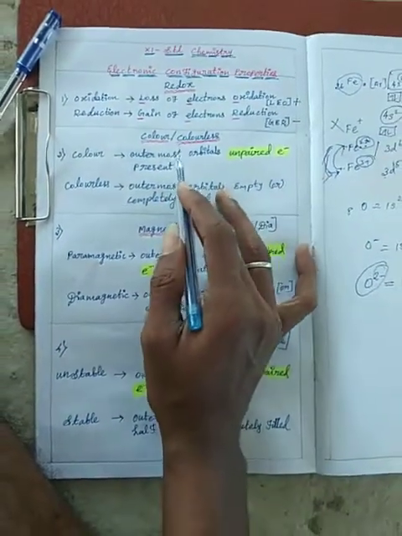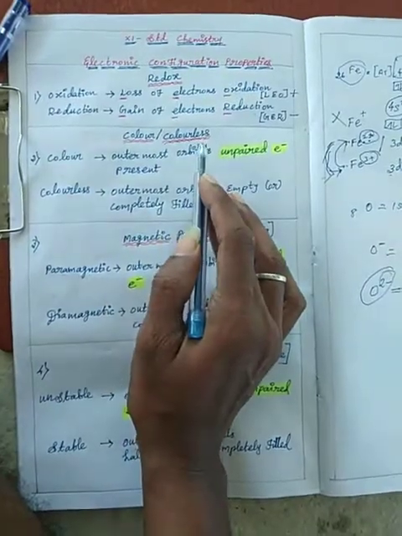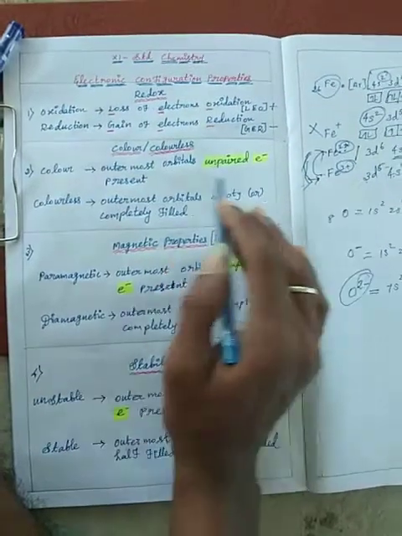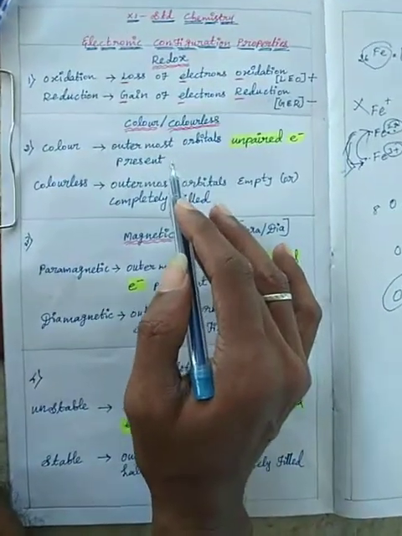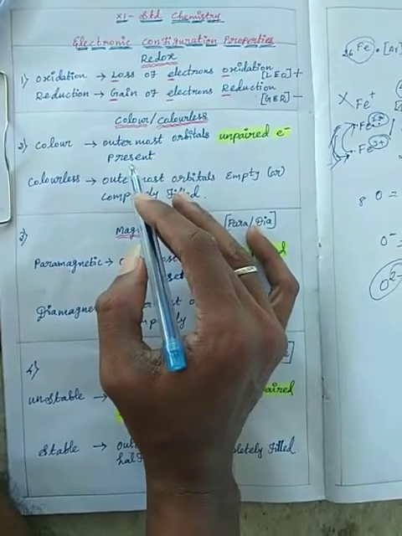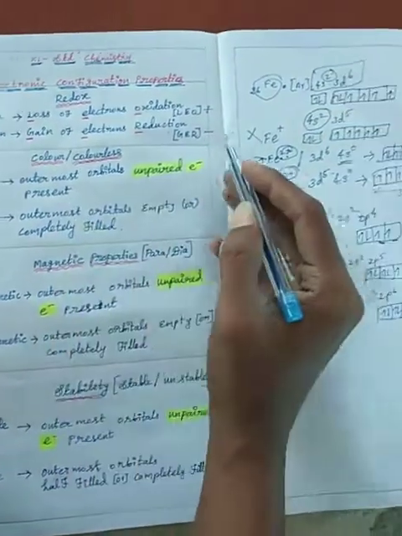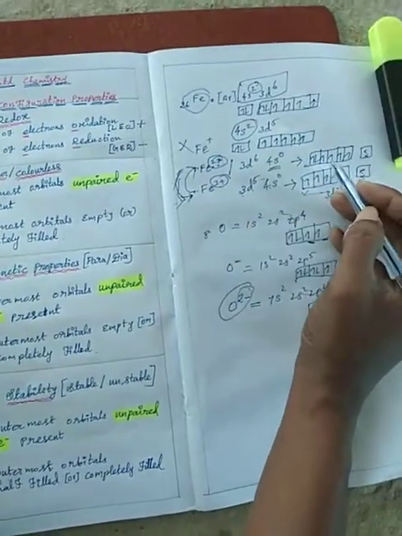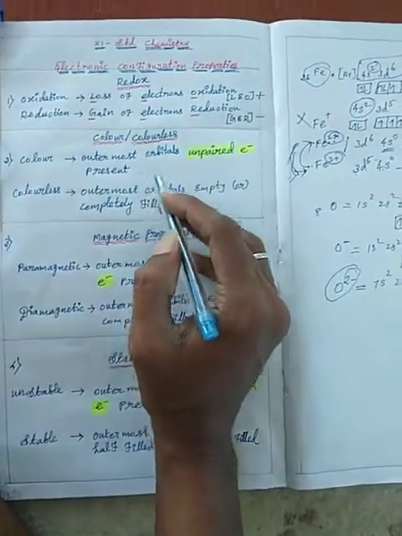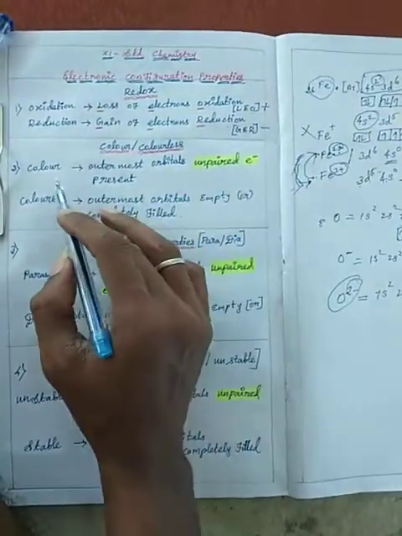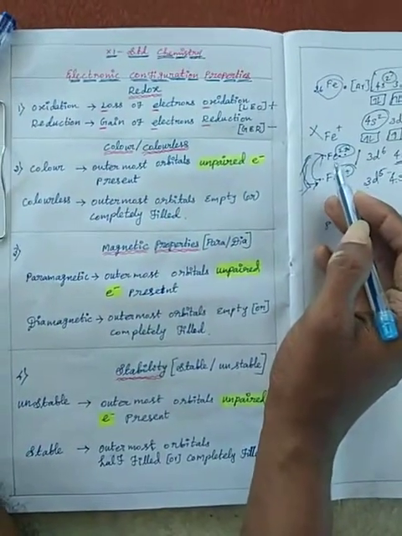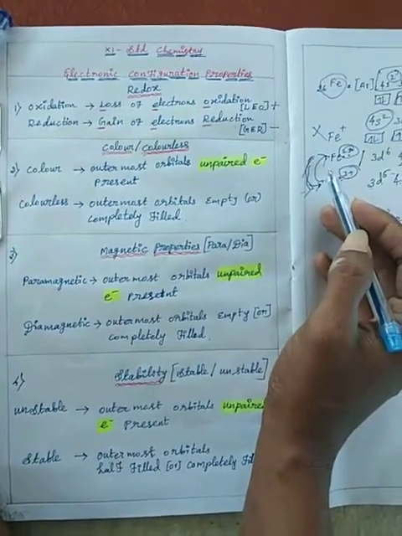Next is the properties. The next property is color or colorless, which depends on unpaired electrons in the outermost orbitals. This second property is very important. The example already considered, Fe2 plus and Fe3 plus, has unpaired electrons in the outermost orbitals, so it is easily identified as a colored ion. For example, the ion present in heme gives a red to brown coloration.